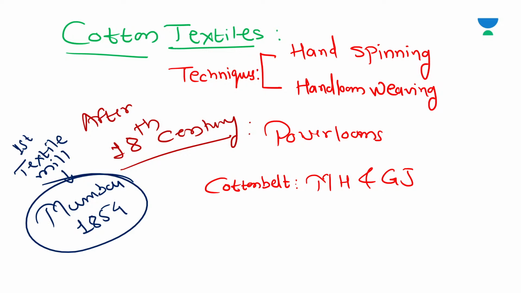Availability of raw cotton, market, transport, including accessible port facilities, labor, moist climate, etc., contributed towards its localization.